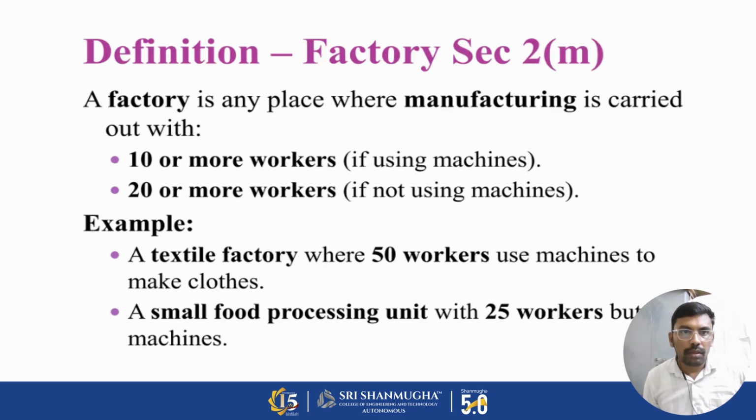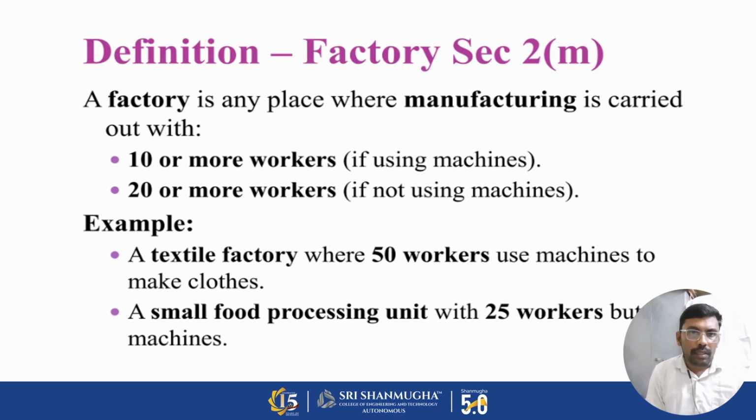Next, the definition of factory, Section 2(m). A factory is any place where manufacturing is carried out, according to the Indian Act 1948, with 10 or more workers if using machines. If you are using machines, only 10 or more workers are needed; if there are 20 or more workers, no machines are being used during the working time.